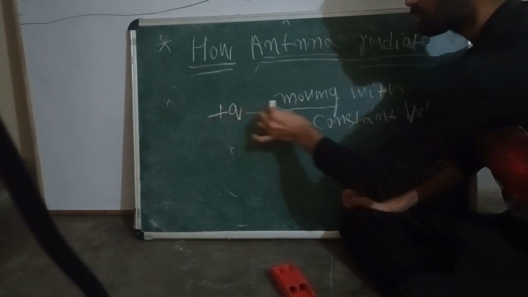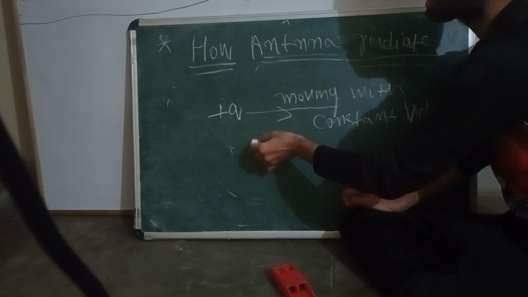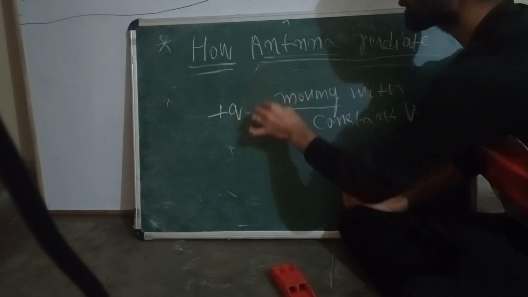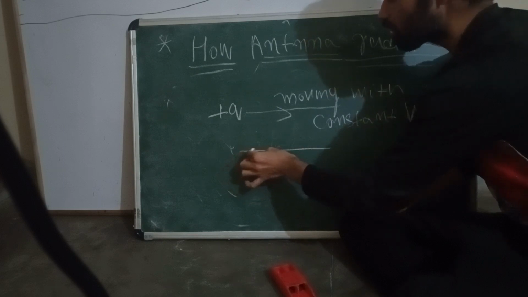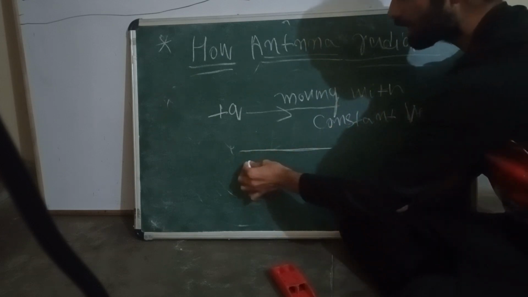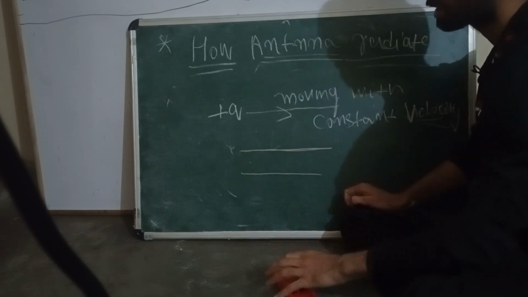When this charge starts moving, there is a generation of magnetic field of constant magnitude, and the electric field is also of constant magnitude.